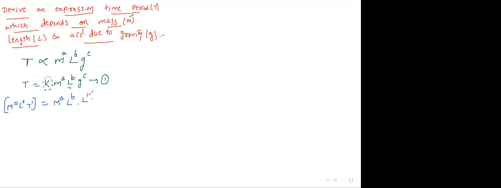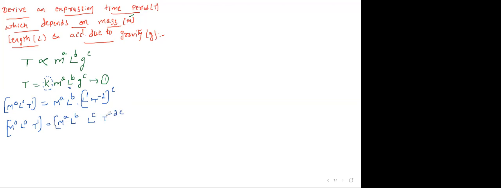It is L1 T minus 2 whole power C. So I have written the dimensional formula for all the quantities. Then M power 0, L power 0, T power 1 is equal to M power A, L power B, L power C, T power minus 2C.